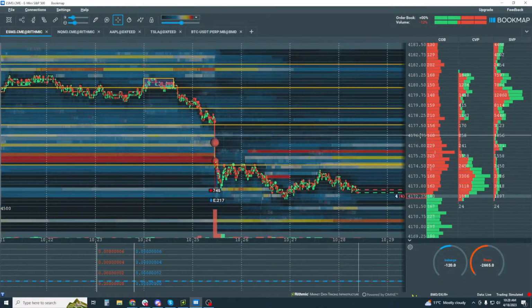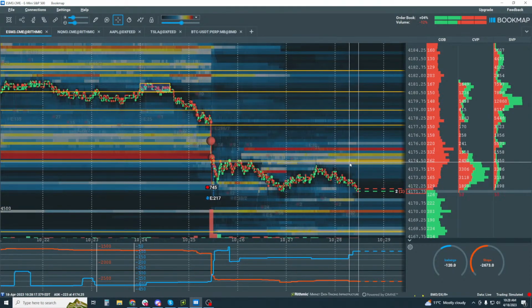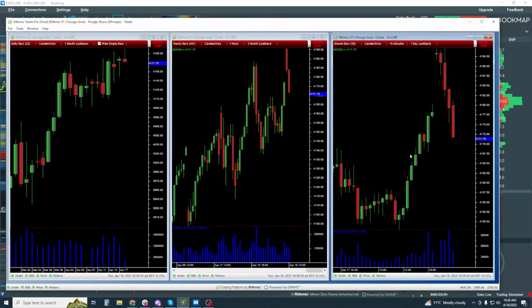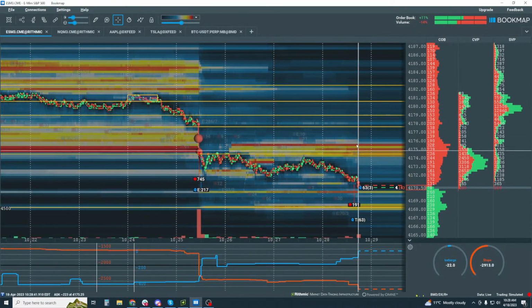This is our 74 level that we were looking at. Let's look at our bigger picture again. So 74 and then 68. It looks like there's still momentum here, so maybe 68 is our next level. We have it right here.